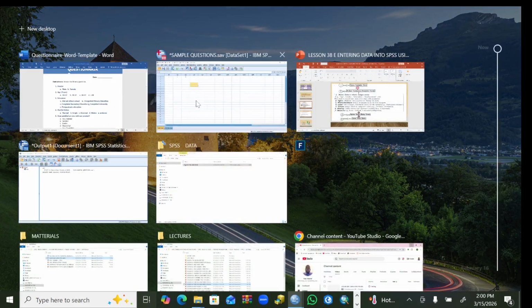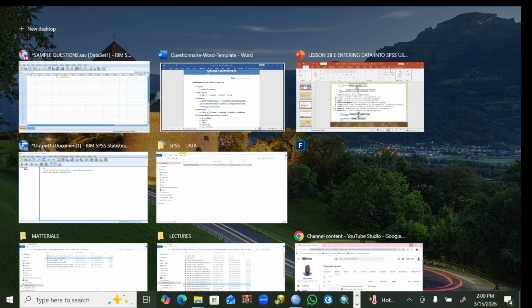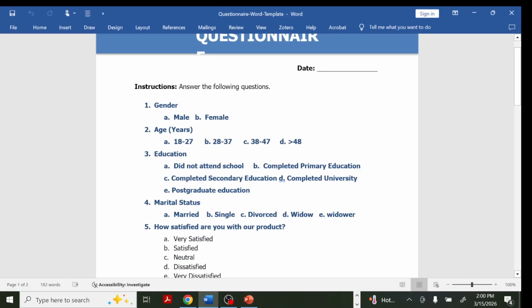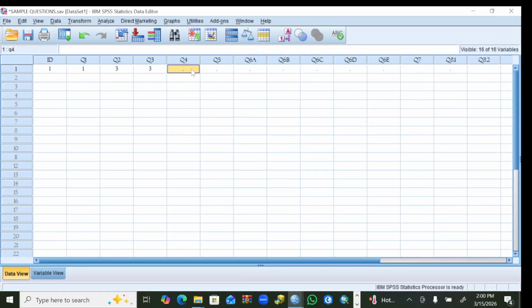So we say right here 3. Then question number 4 is about marital status: married, single, divorced, widower. So let me say married, number 1.